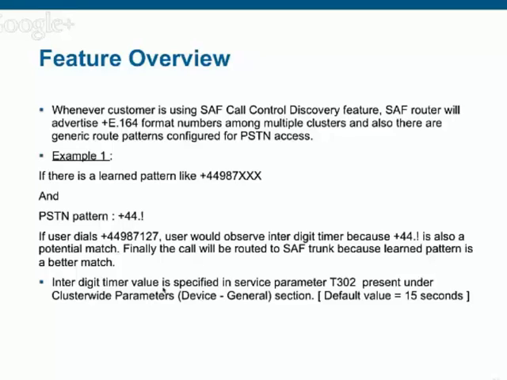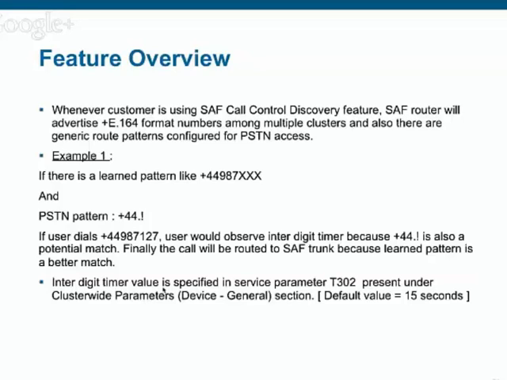So in this case, you have a PSTN pattern and a learned pattern, and it's matching both. Pre-10.x, we didn't have anything to break the tie, so we just had to wait for 15 seconds, or we had to change the dial plan.